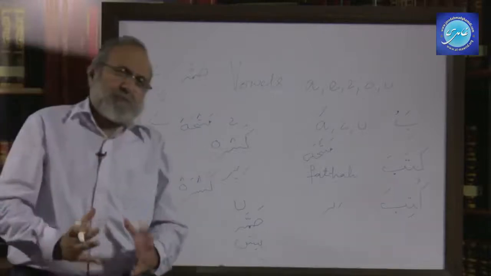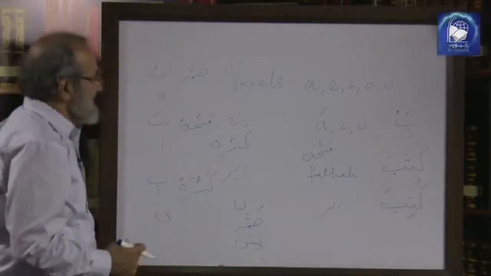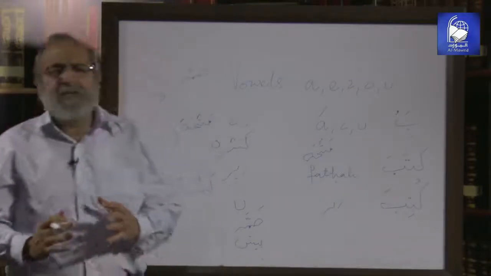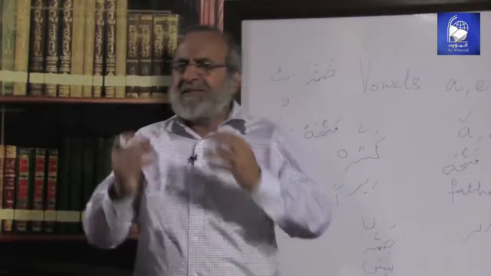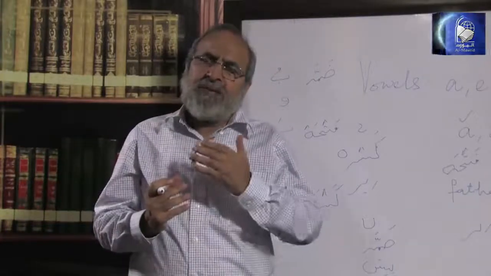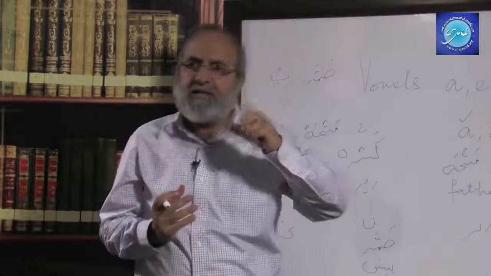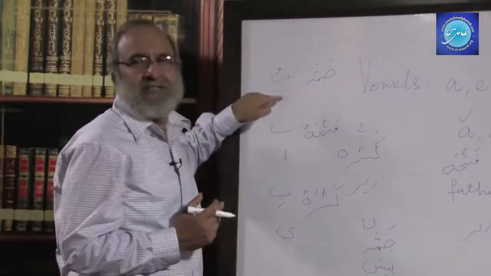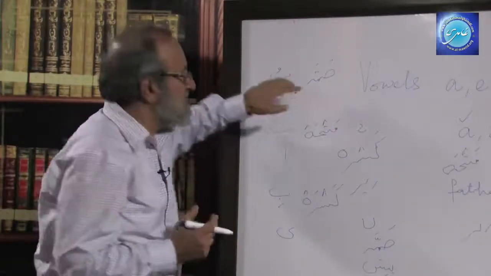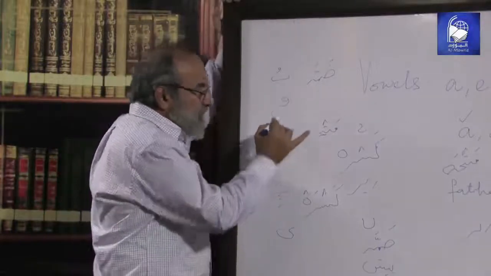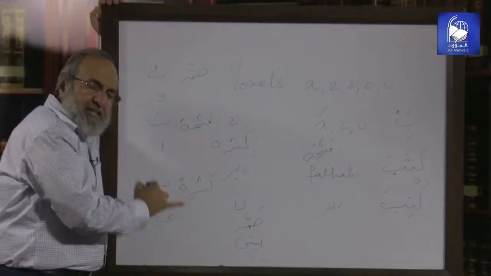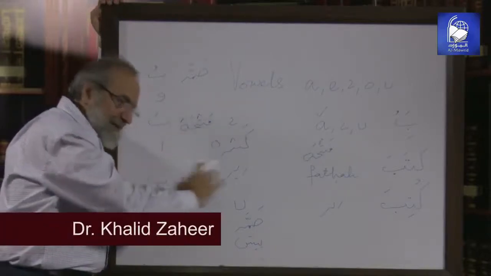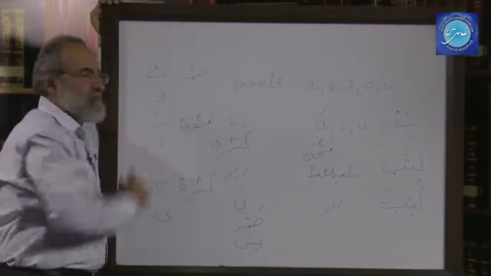Now, what is the significance of all this understanding? The significance is that, for one thing, you can never have a vowel that appears on a letter which does not have affinity with it, in other words, belonging to the other two categories, which are not in the same flow as that vowel.